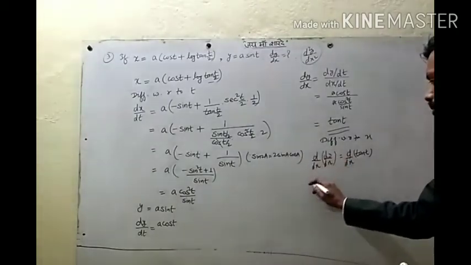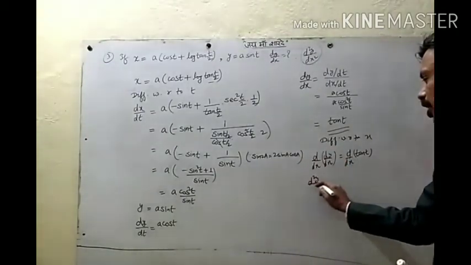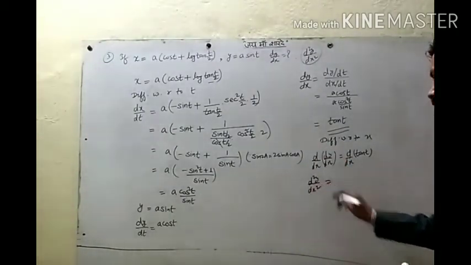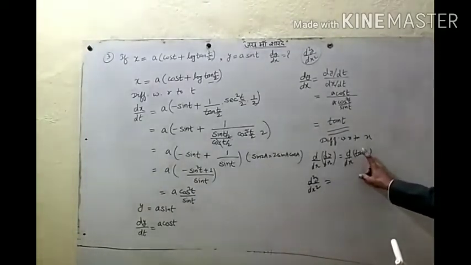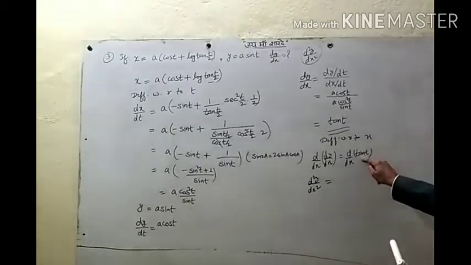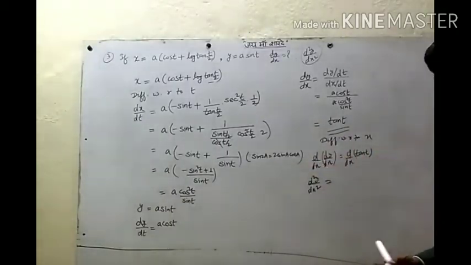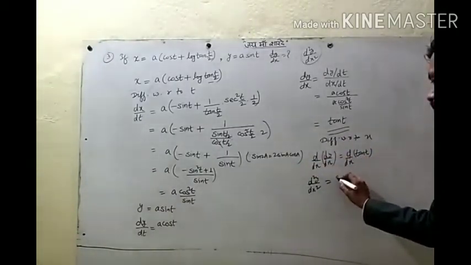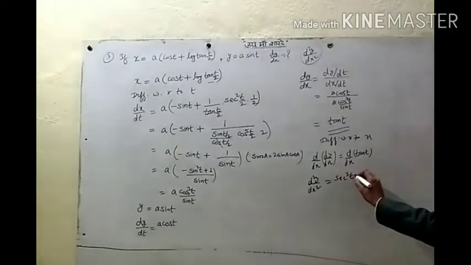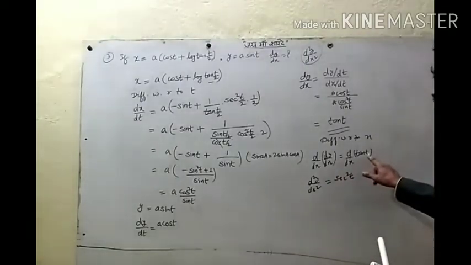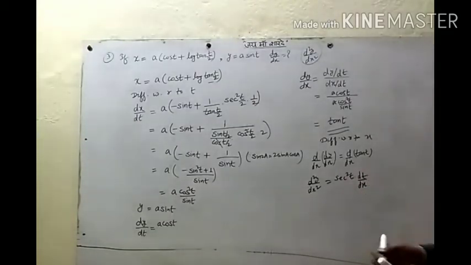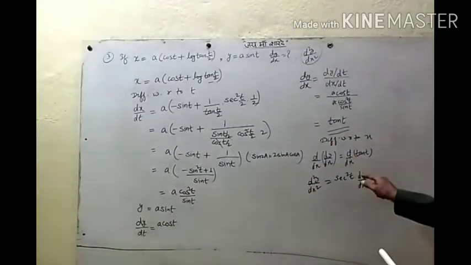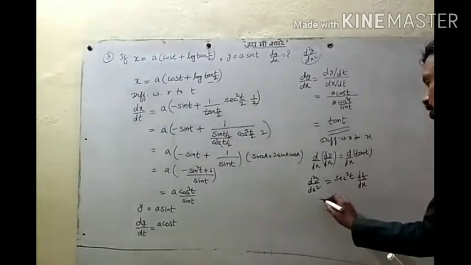So its derivative will be d2y by dx square. Now we want to differentiate with respect to x, but here it is a function of t, so we differentiate tan t with respect to t only. So derivative of tan t will be sec square t, but it is not x, so we will differentiate t again with respect to x, so we get dt by dx.